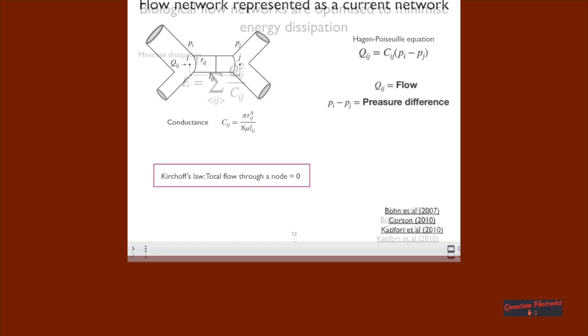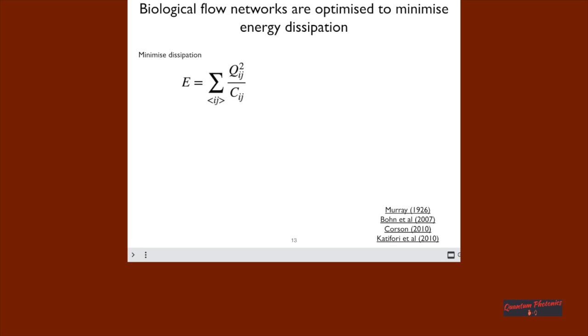And we can also consider, similar to current network, that Kirchhoff's law of current is valid in case of these flow networks, which basically means that the total flow through one node has to be conserved, has to be zero basically. Whatever flows in, flows out. So following this very simple linear system, we model the flow networks in our work.